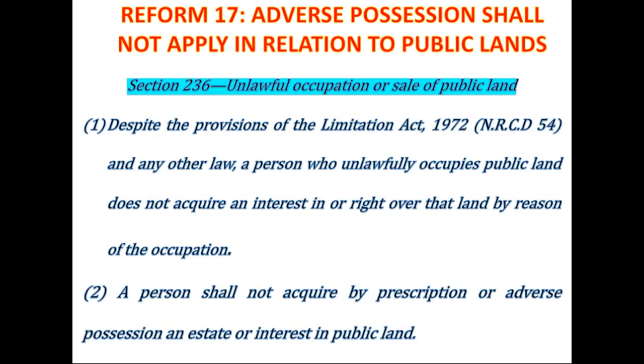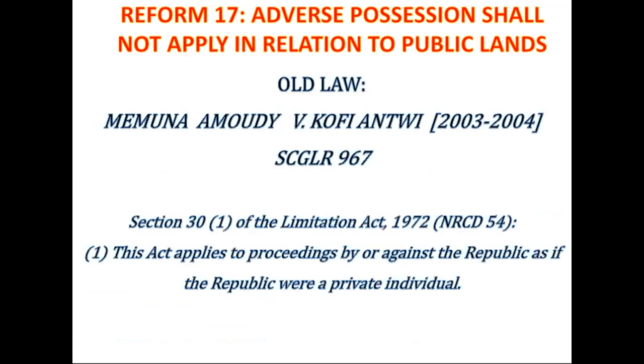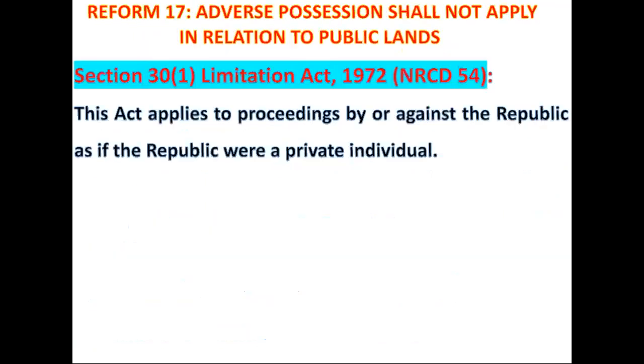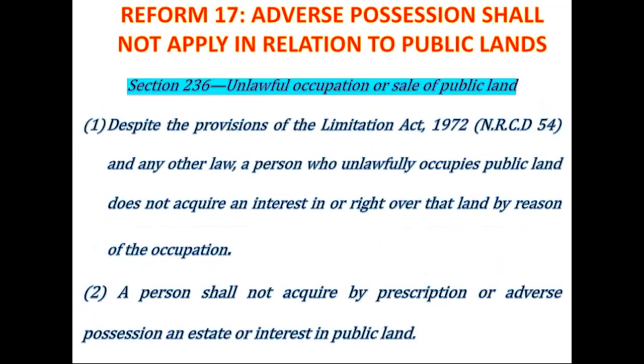This section 236 has the effect of amending section 30, subsection 1 of the Limitation Act. Because you remember, section 30 says that the Act shall apply against the Republic as if it's a private individual. But now we are being told in section 236 that despite the provisions of the Limitation Act, a person who unlawfully occupies public land does not acquire an interest in that land by reason of the occupation.